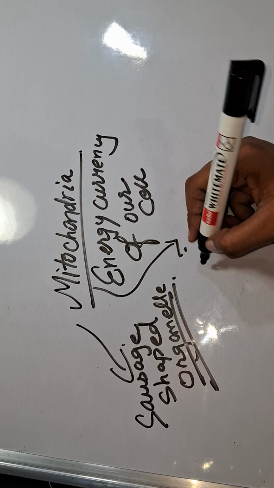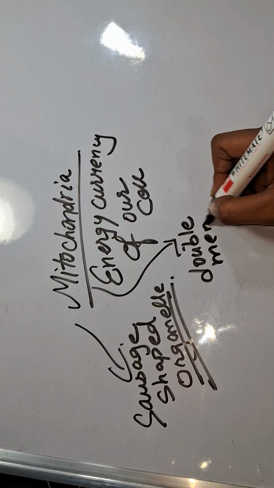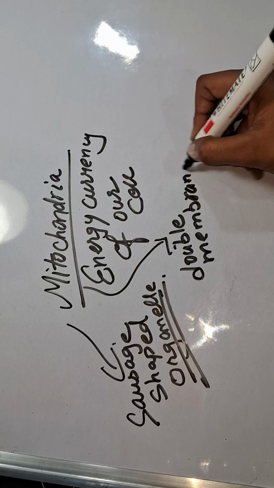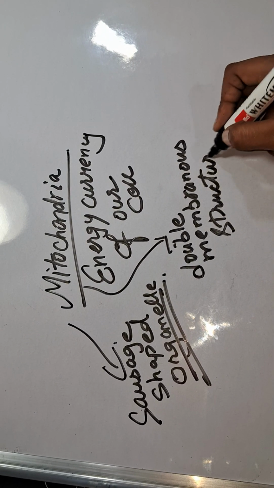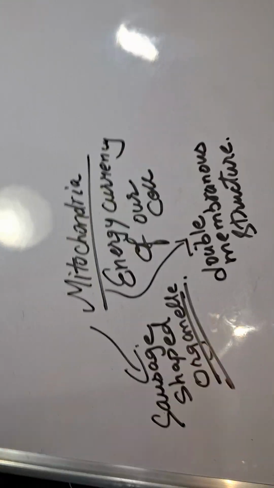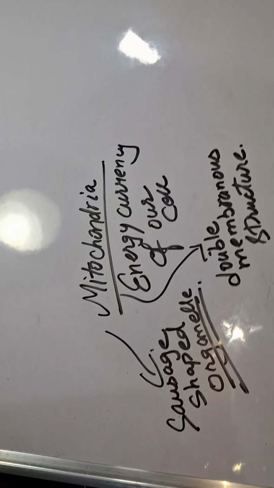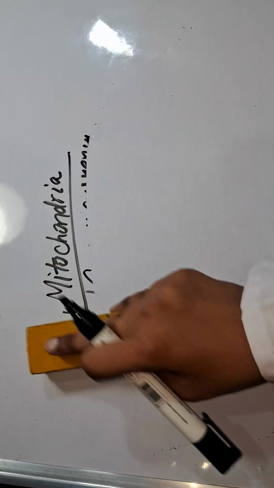Mitochondria, as we know, is a double membrane structure, double membranous structure. We will study its structure.